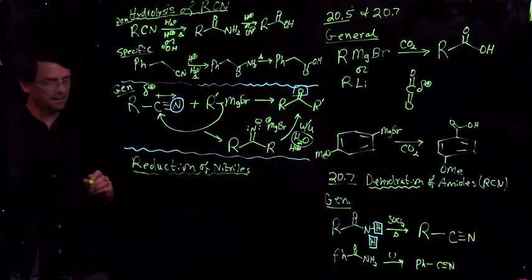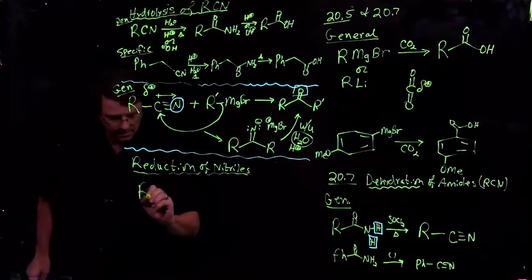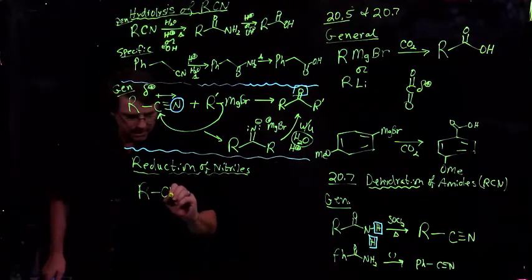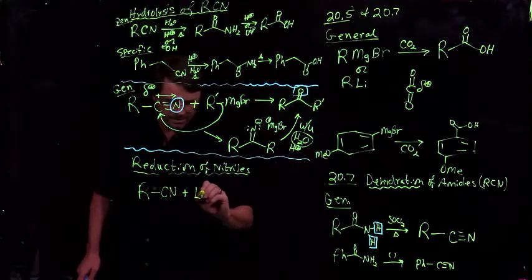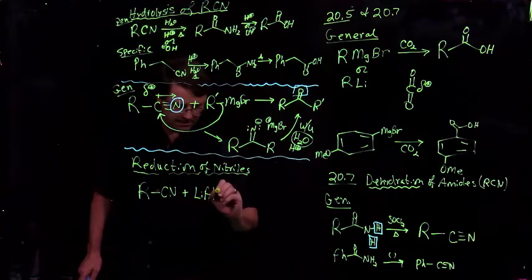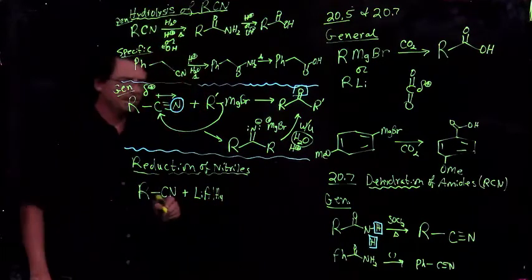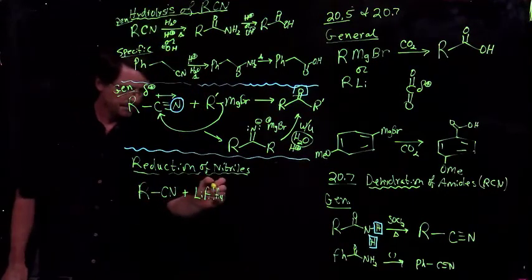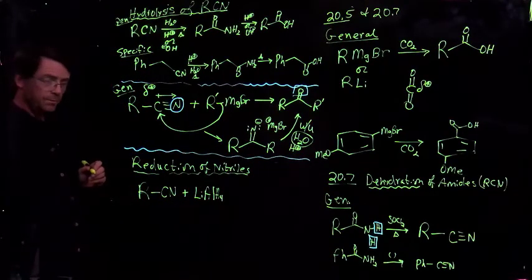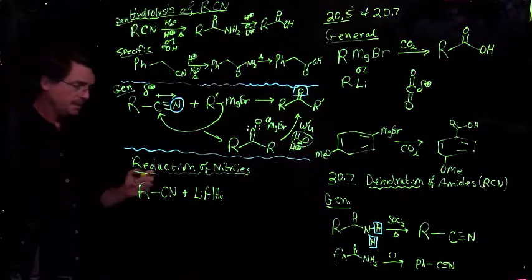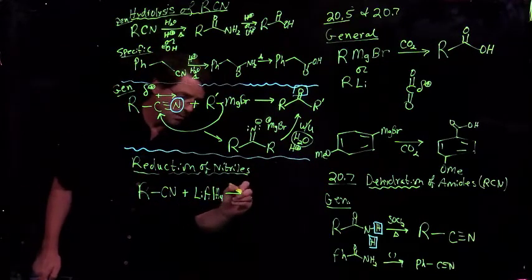Now, let's look at this with our general reaction. We have the nitrile, and we have our very powerful reducing agent, lithium aluminum hydride. Okay? That's a powerful reducing agent, and it reduces this all the way down.